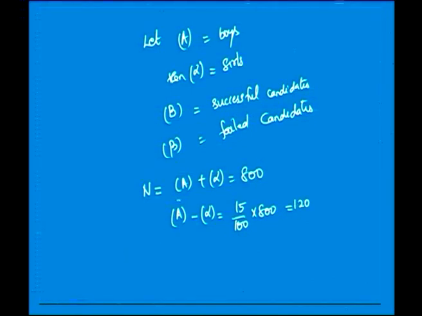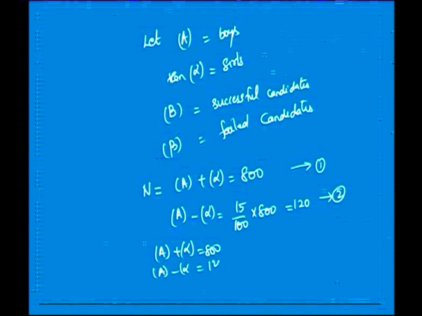So we have A plus alpha is equal to 800 and A minus alpha is equal to 120. We solve equations 1 and 2 and find out what A is.